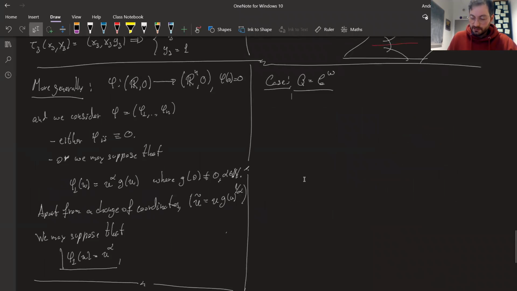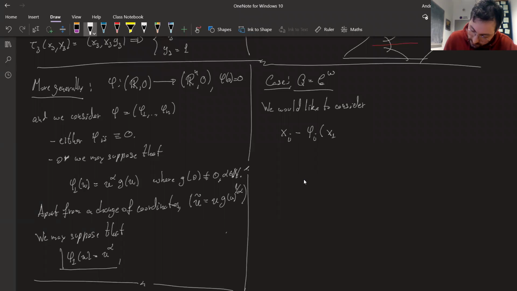So if we want to do this in a systematic way, the thing that we would like to consider would be something of the form x_2, or x_i. Let me do x_i already. x_i minus phi, where phi depends on u, but we know that phi_1 is u^alpha.